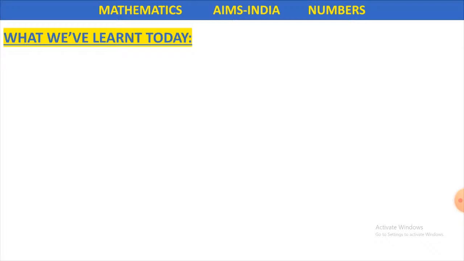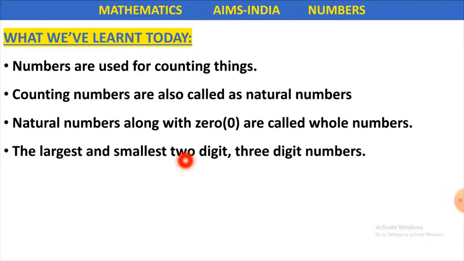Then these natural numbers, when used along with 0, are called whole numbers. And we've also learned about largest and smallest 2-digit and 3-digit numbers, right? I hope you've listened, liked, remembered, and clearly understood what we have learned today.